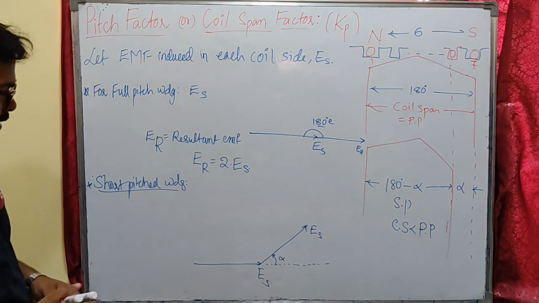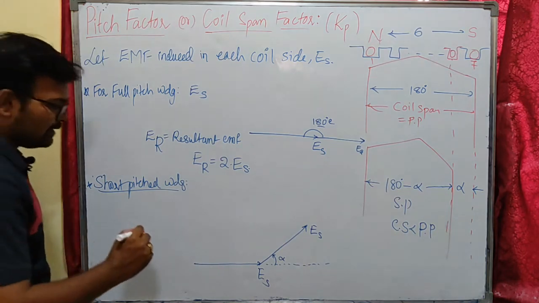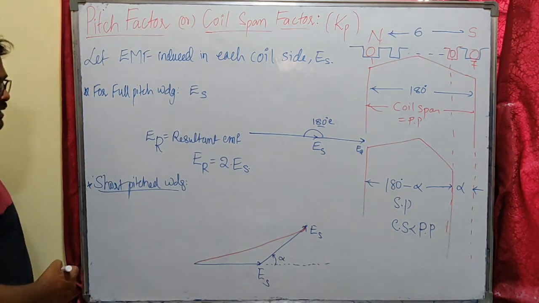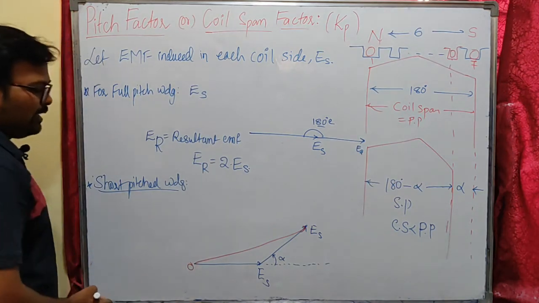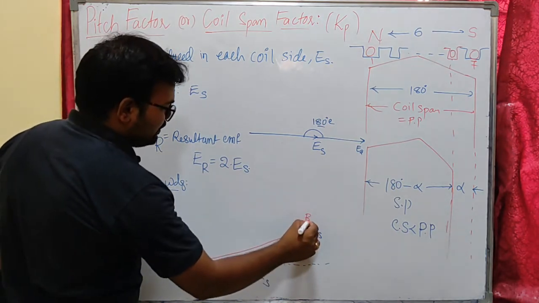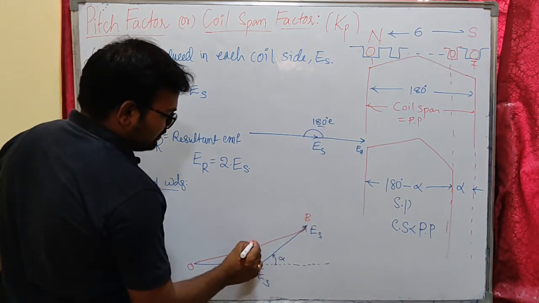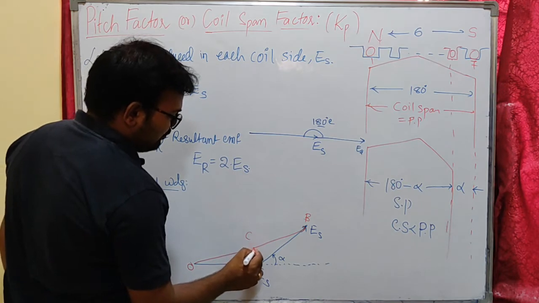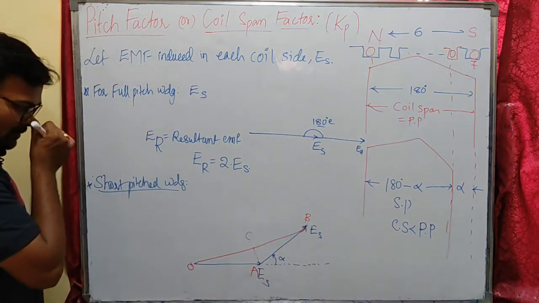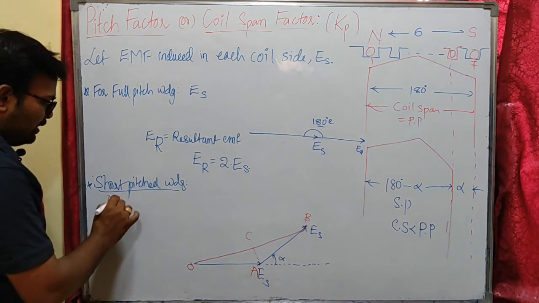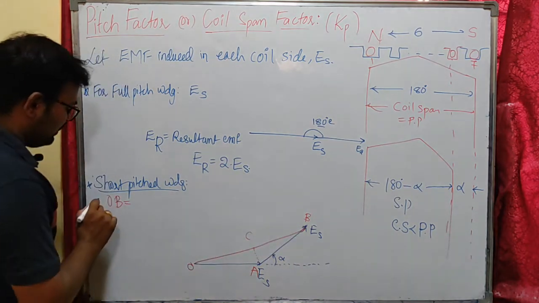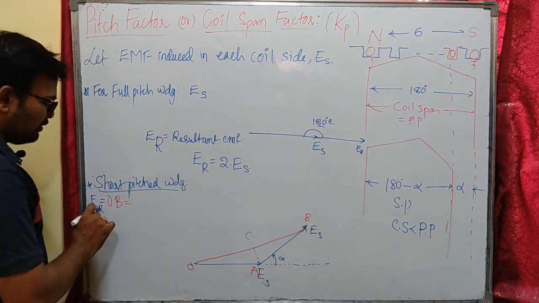Now let us see the resultant EMF for short pitch winding, that will be the phasor sum of these two EMFs. For calculations I am going to give them names: this is O, this is A, this is B, and this is C. I am bisecting OA and OB. OB, which is nothing but our resultant EMF, is what we are going to find out.